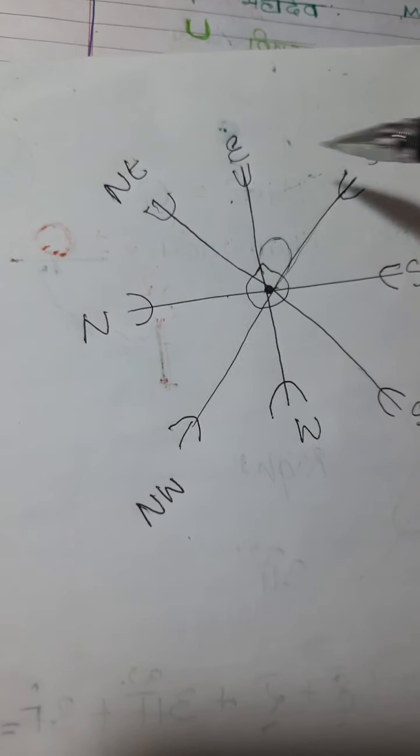Okay, this is our internal protection. I'll draw it with a different color. 1, 2, 3, 4, 5, 6, 7, 8, and this.